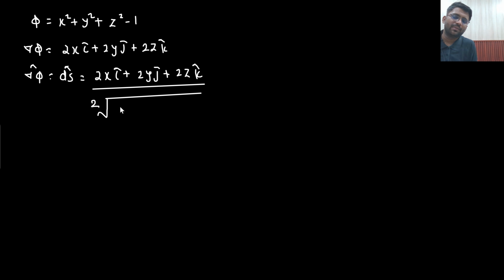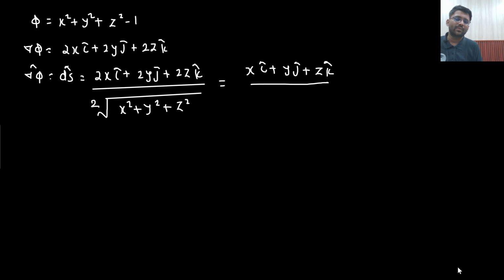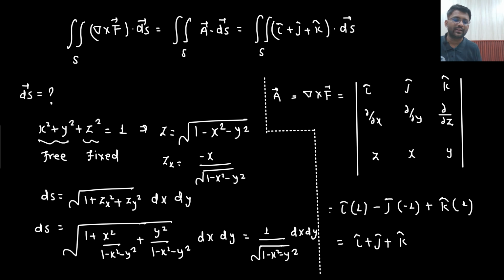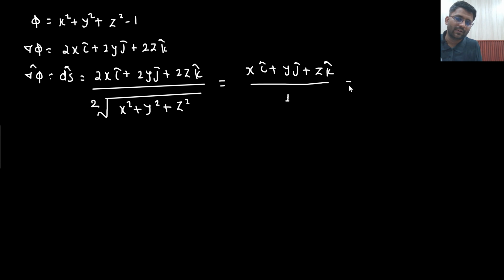So 2 comes outside, leaving x square plus y square plus z square. So what are you getting? 2 and 2 will get cancelled out. I directly asked you to remember this: x i cap plus y j cap plus z k cap divided by under root x square plus y square plus z square. What is the answer you will be getting? That is 1 only. So what you are getting is x i cap plus y j cap plus z k cap. This is your dS cap. So what is your complete dS vector?